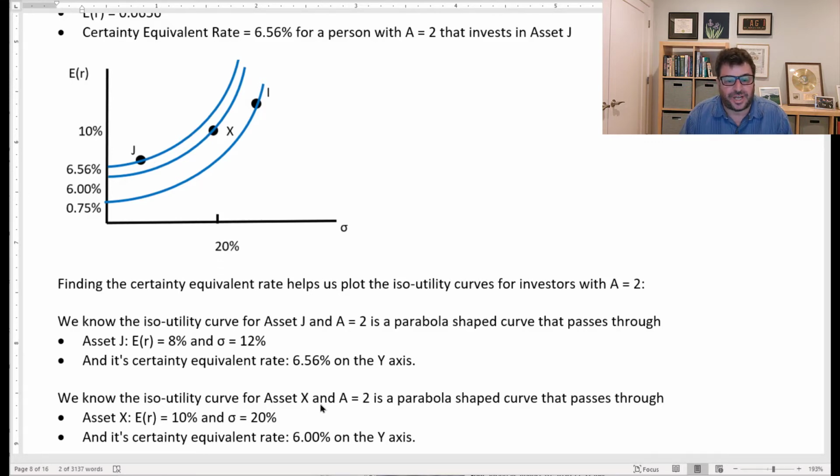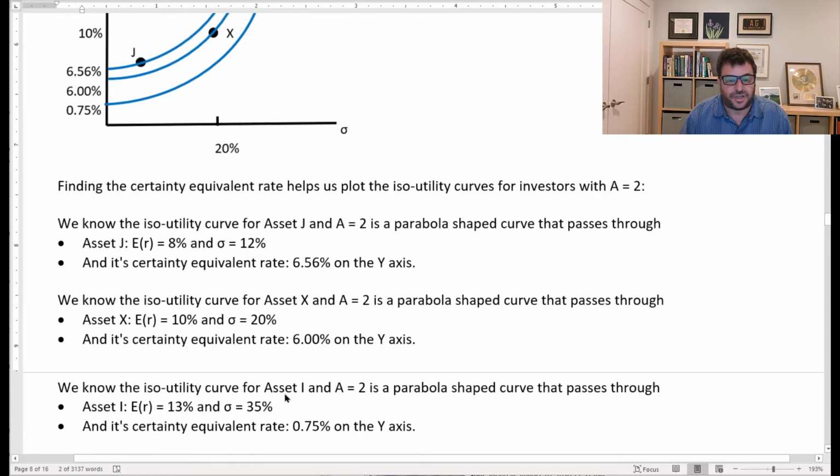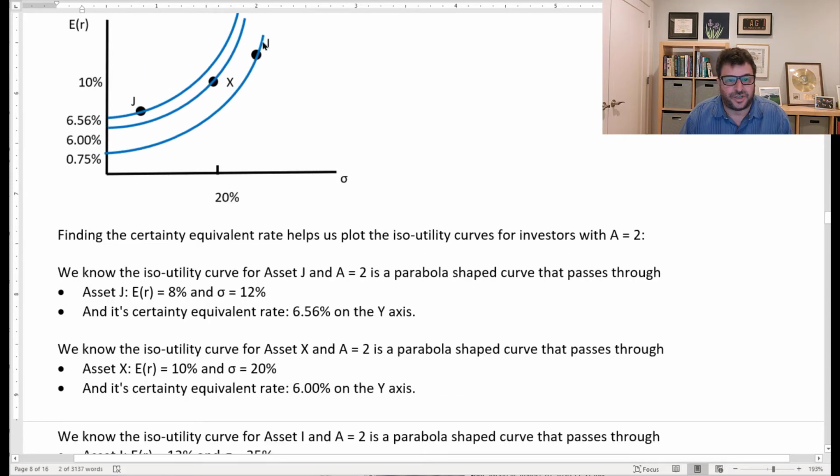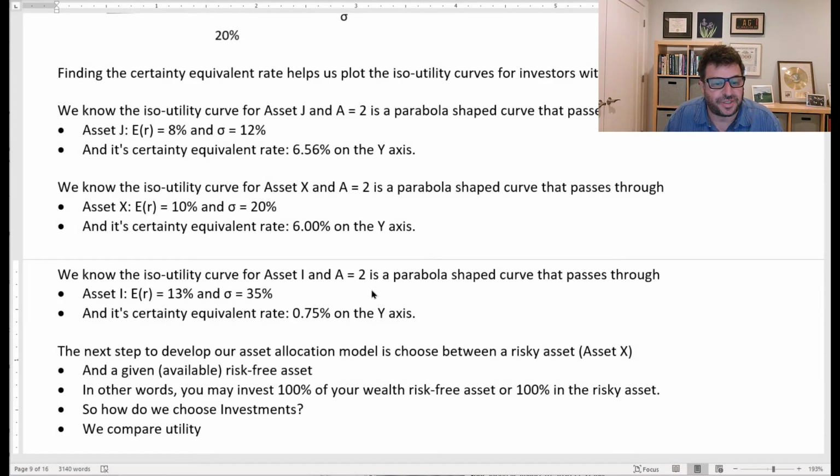For asset X and A equals 2, it's going to intersect at 6%. And for asset I, it's going to intersect at 0.0075.